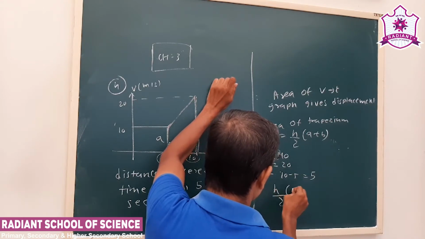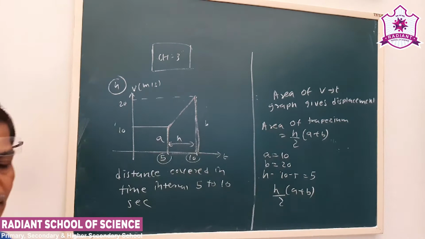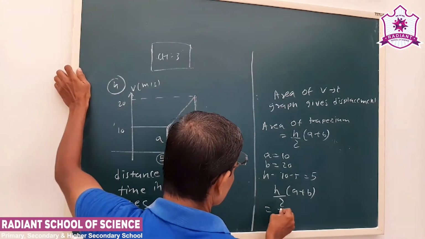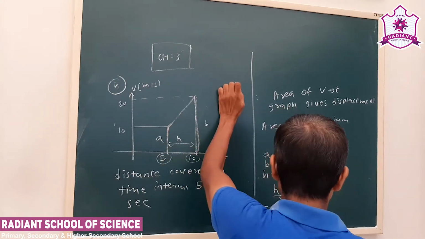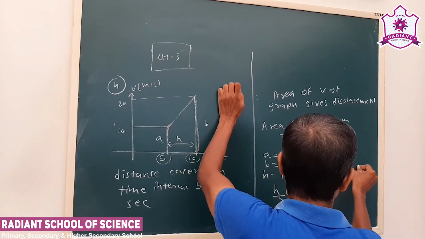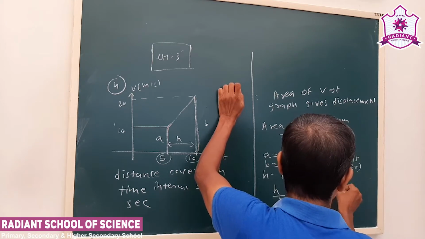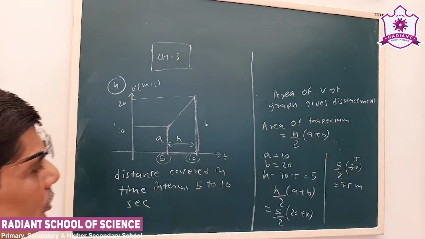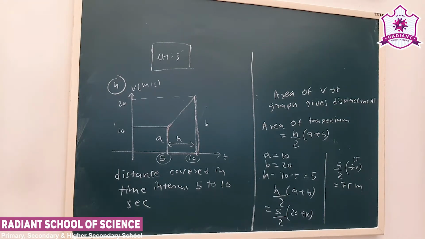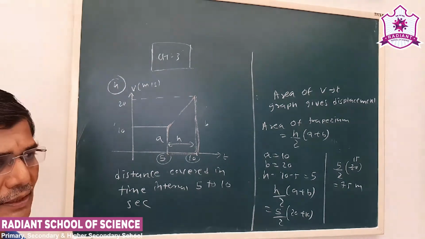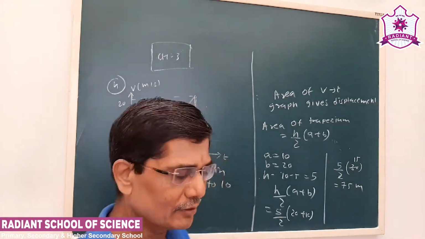So h by 2 times A plus B will give the displacement: 5 upon 2 times 20 plus 10. You can write this down, very useful to you. So this is how the area of the velocity time graph gives the displacement.